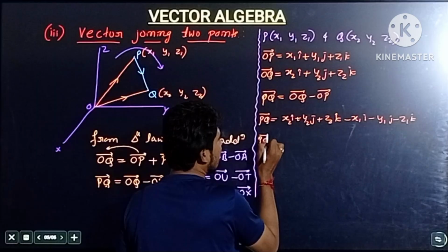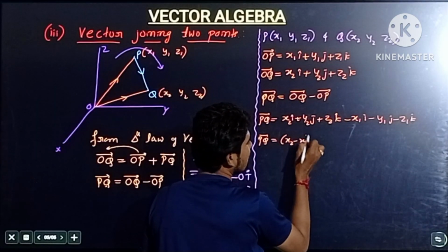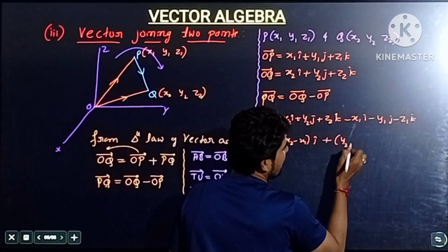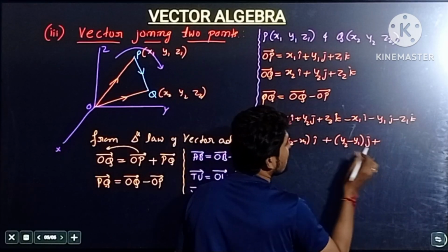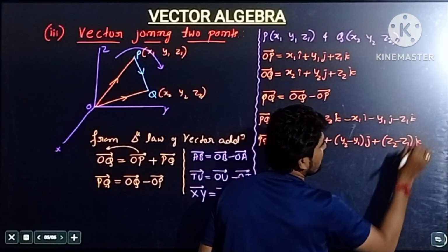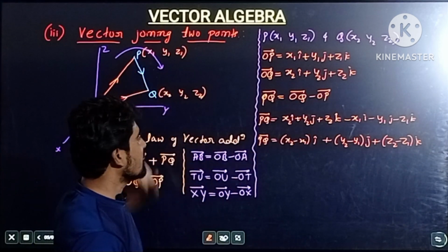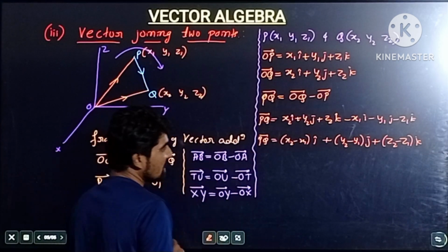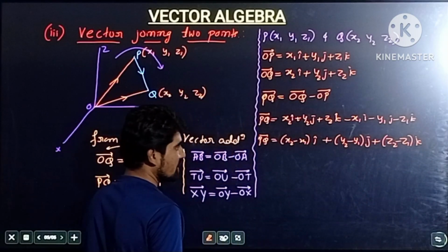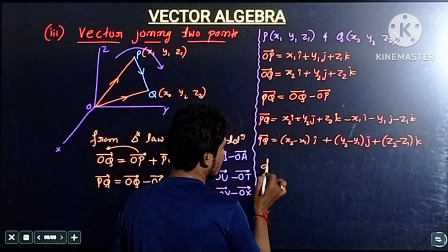Therefore PQ vector is equal to x2i minus x1i, which is nothing but (x2 minus x1)i plus y2j minus y1j, so (y2 minus y1)j, plus z2k minus z1k, so (z2 minus z1)k. So this is PQ vector. This is the vector joining the 2 points P and Q. And see here, the scalar components are x2 minus x1, y2 minus y1, z2 minus z1, and another name for the scalar components is direction ratios.